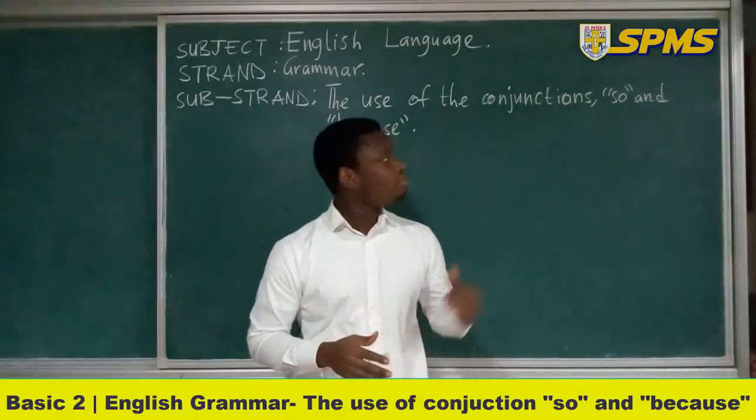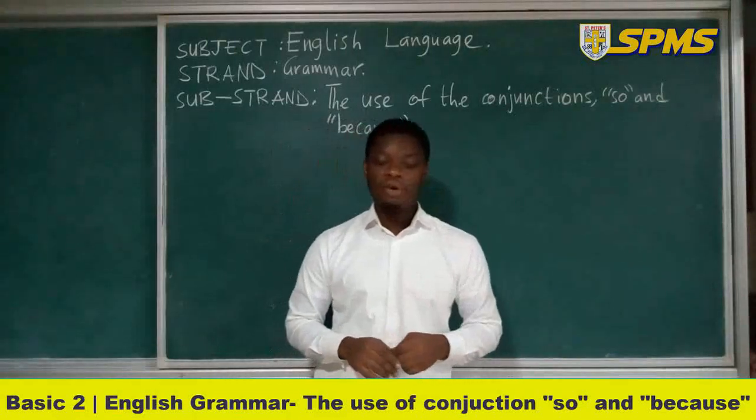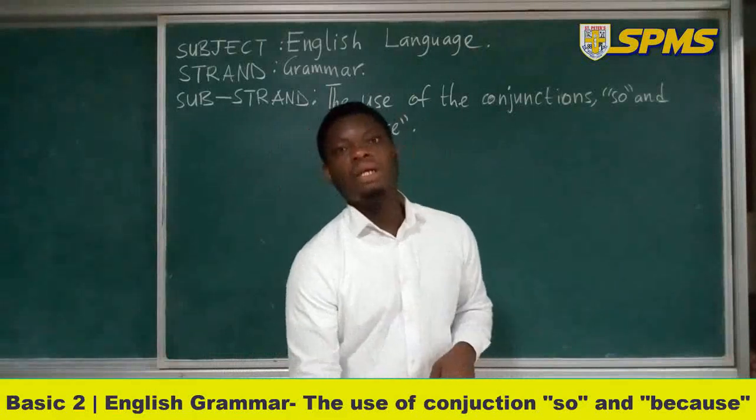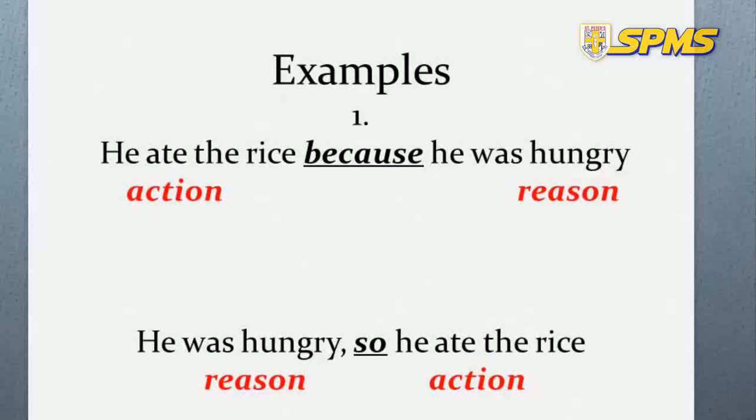Let's look at the differences between so and because with the following examples on the screen. The first sentence is, he ate the rice because he was hungry. And the second one, he was hungry, so he ate the rice.